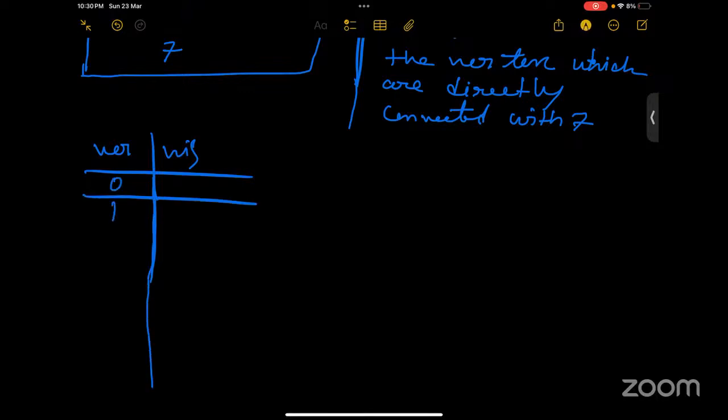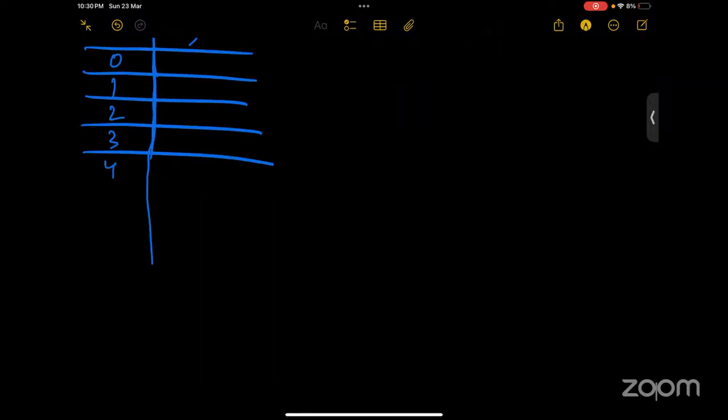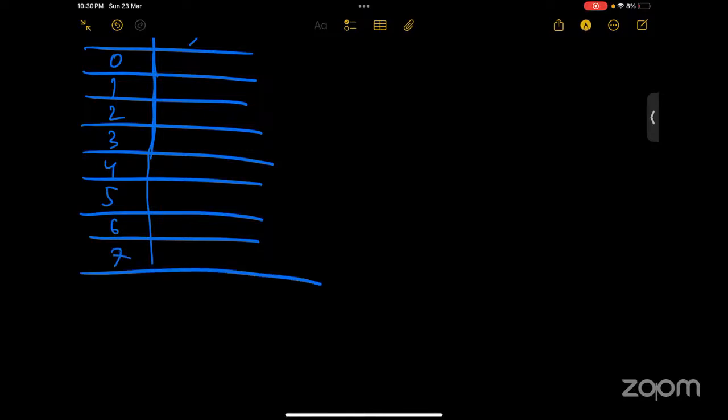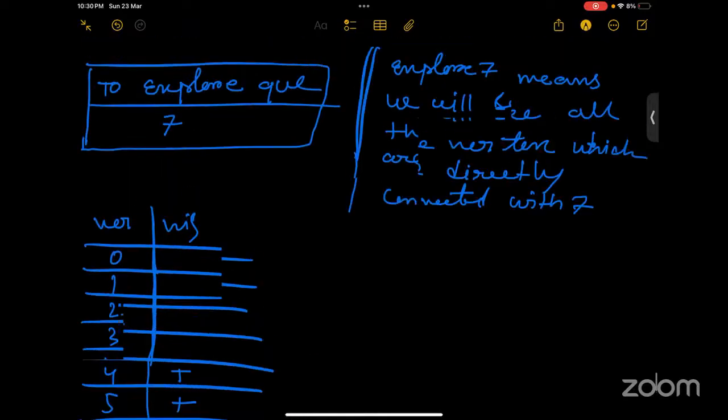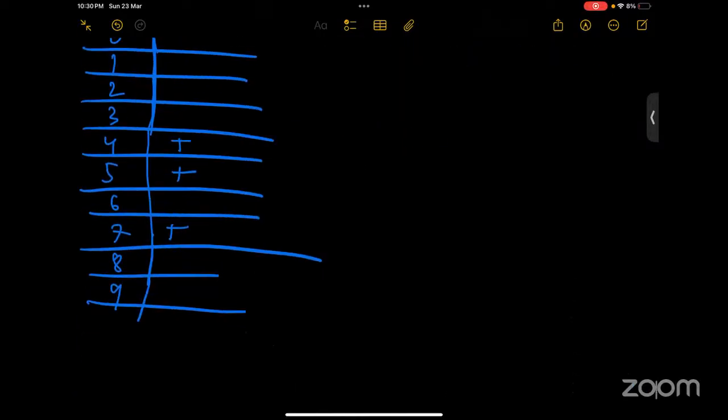So 0, 1, 2, 3, 4, 5, 6, 7, 8, 9. 7 we have visited. We now will visit 4, 5 and 8. And the rest of the vertices will be false, right?